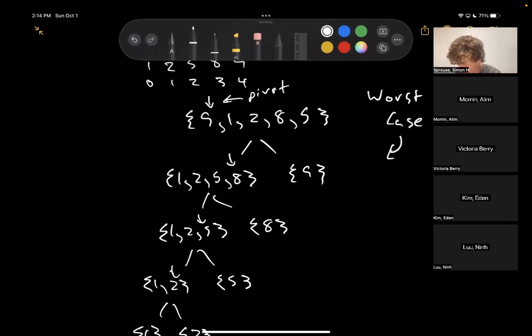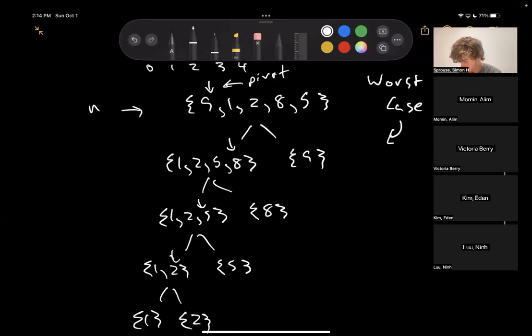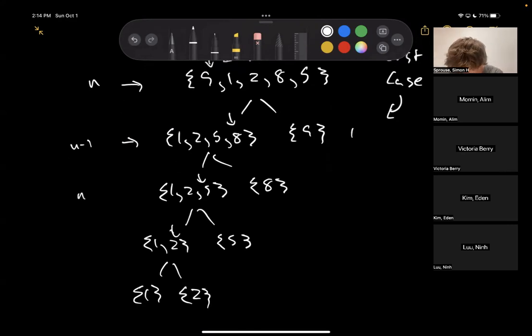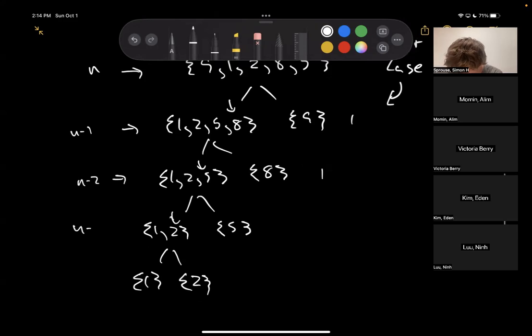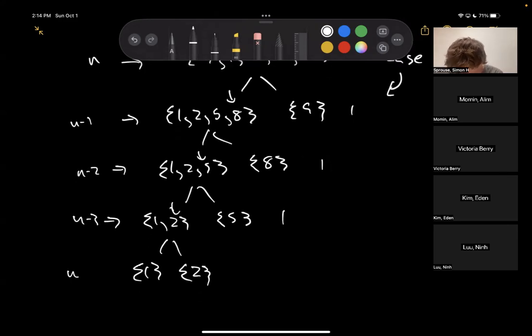At this stage we've got a list of size n, and then here we've got n minus 1 and a list of 1, and then n minus 2 and a list of 1, and then n minus 3 and a list of 1, and then n minus 4, oops, sorry y'all, and a list of 1.